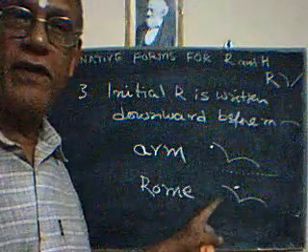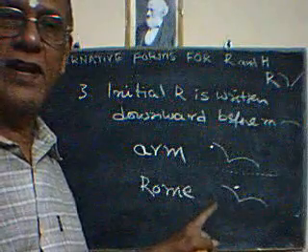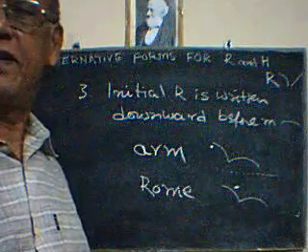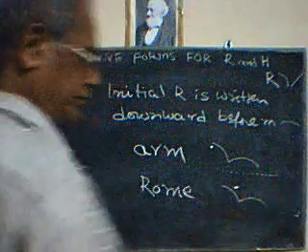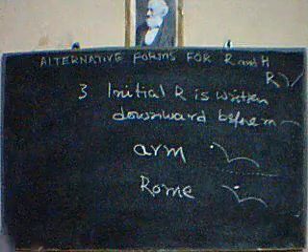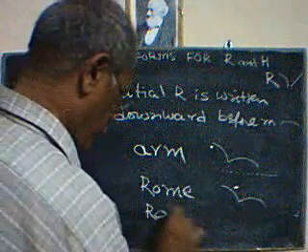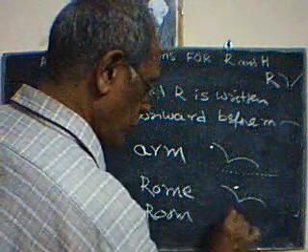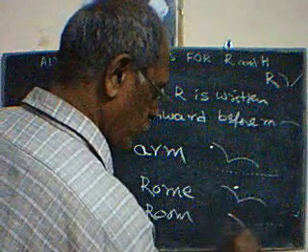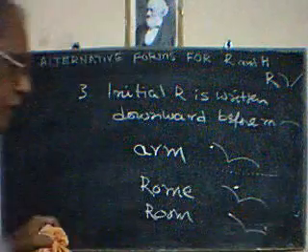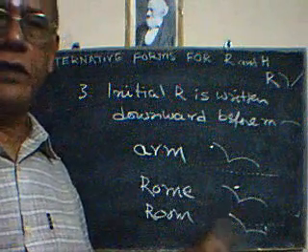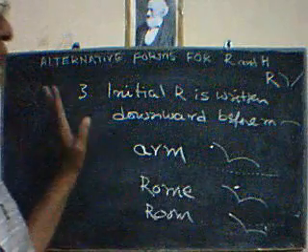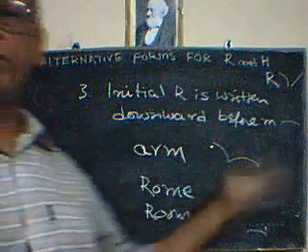Even if there is no preceding vowel, R is written downward. Room. Suppose this is room. Before M, initial R is written downward. That is the simple rule. Initial R is written downward before M. It is for easier joining.